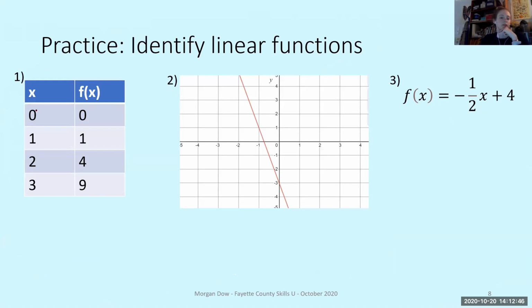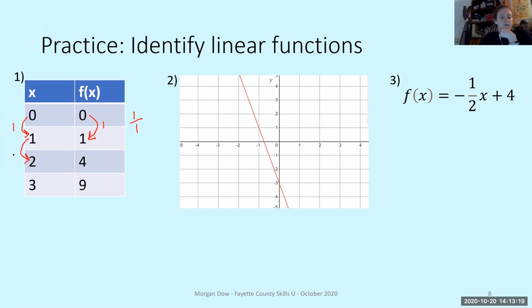So number one, we're given this table. And so in order to determine whether this table shows a linear function, we are going to compare the change that's happening in the input with the change that's happening in the output. So my inputs, I'm going from 0 to 1. That's a change of 1. So that first ratio is 1 to 1, the first slope, 1 to 1.